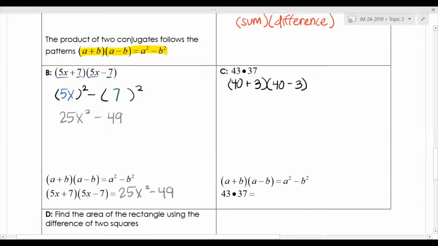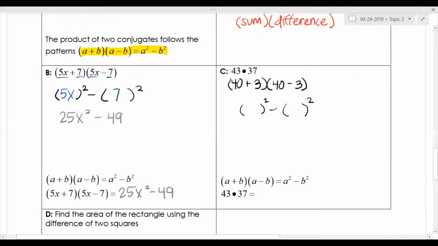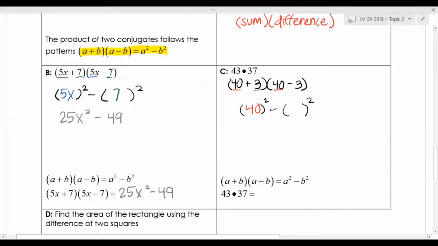So I now have conjugates. That allows us to do the difference of two squares instead of multiplying 43 times 37. The first term for both of these is 40, so my first number that I'm squaring is 40. The last term for both of these is 3, so I'm subtracting 3 squared.